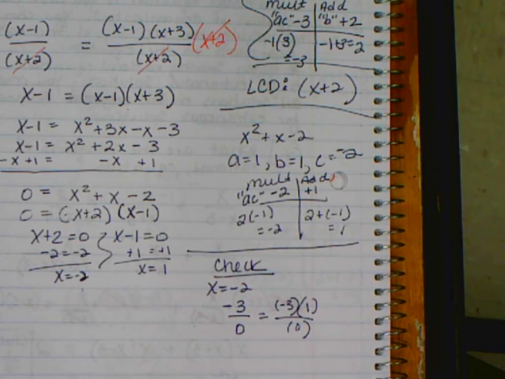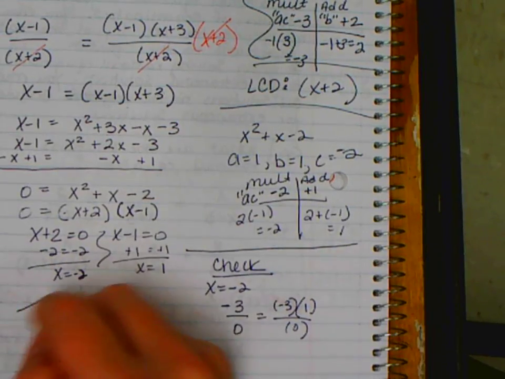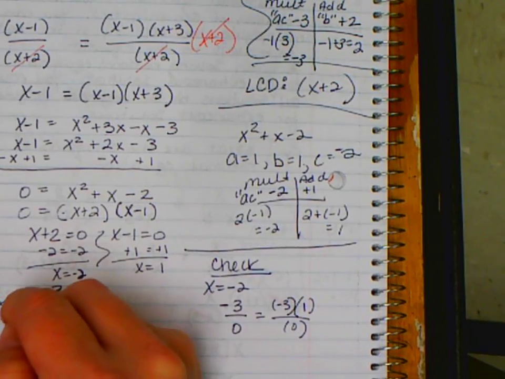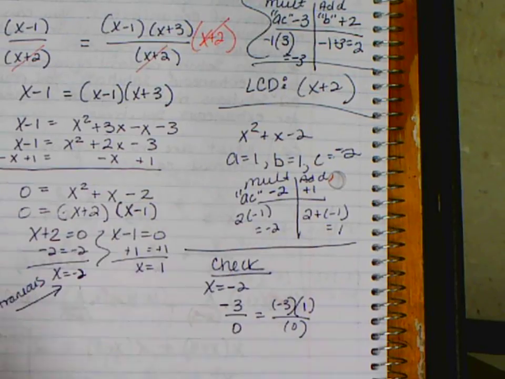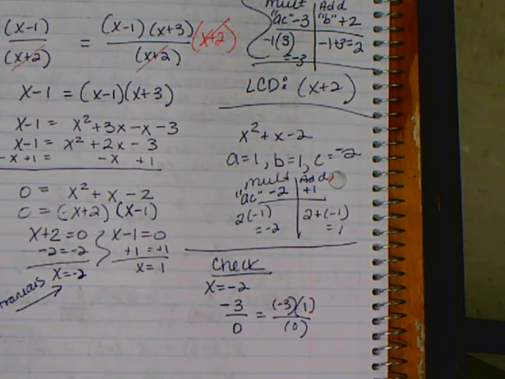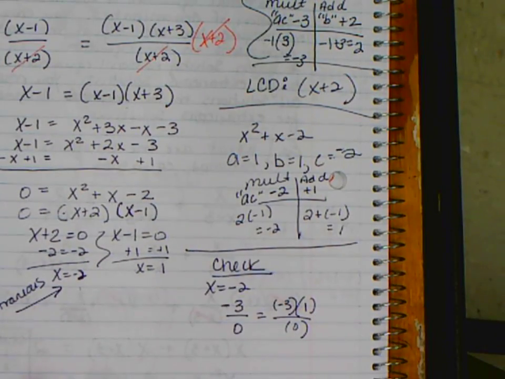That was one of our solutions. Can't be negative 2, right? And we just saw when we checked, that gives us a 0 in the denominator. So negative 2 is not a solution. So this is extraneous. You cannot list it as a solution because it's not. Mathematically it worked out, but when we plugged it in, it made a false statement.